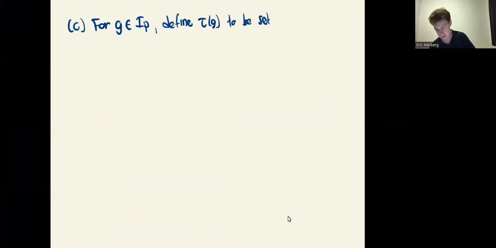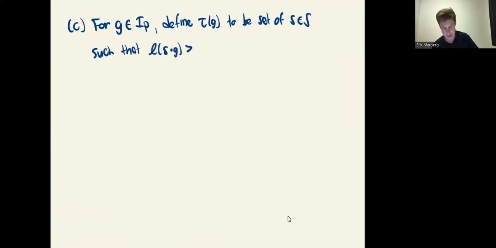And then there is a third part to this theorem, which says that we can make the following W-graph construction. So for G in our index set, define tau of G to be the set of S in S such that either L of S dot G is greater than L of G, or HS times MG is equal to Q times MG.